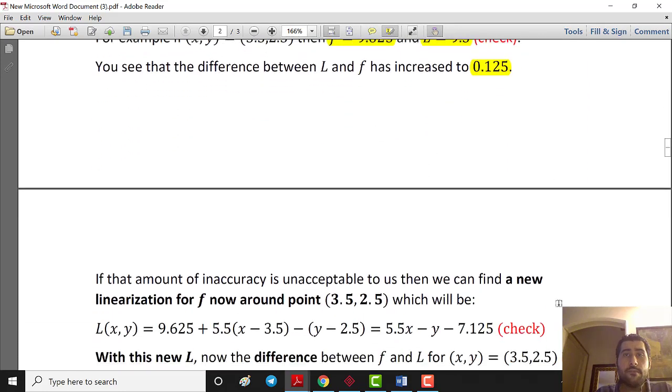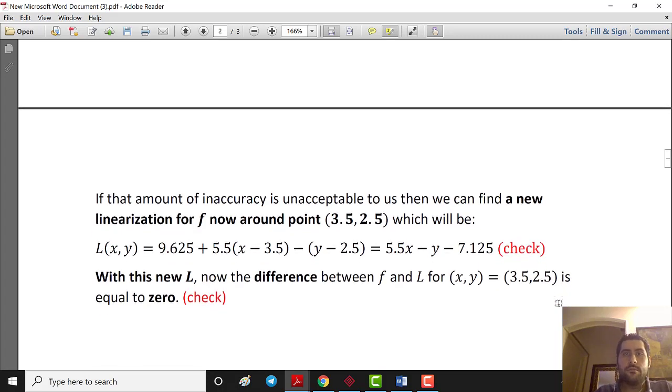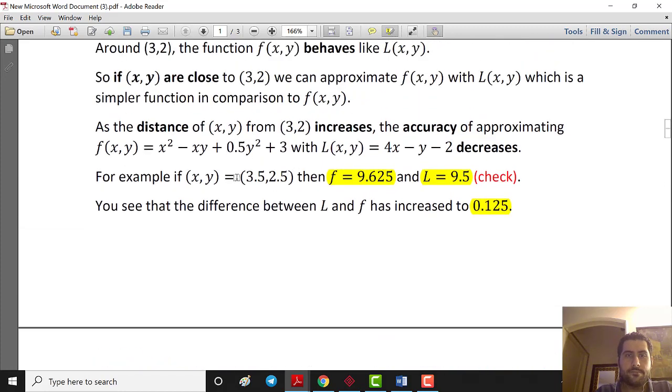Now let's see what happens if we move away from that point. Instead of 3.01, 2.01, we move to a point further away from the point of linearization. For example, 3.5, 2.5, right? If we consider this point, you see that at this point, the value of F is 9.625 and L would be equal to 9.5.